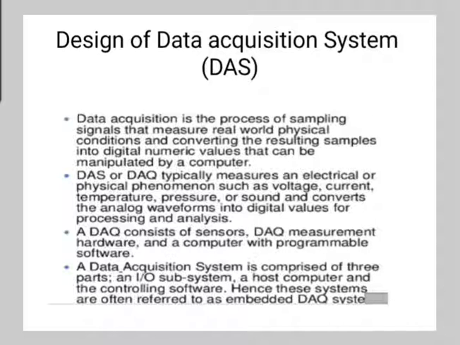So a DAQ consists of a sensor, DAQ measurement hardware and a computer with programmable software. And a data acquisition system is comprised of 3 parts: an input-output subsystem, host computer and the controlling software. Hence these systems are often referred to as embedded DAQ systems.